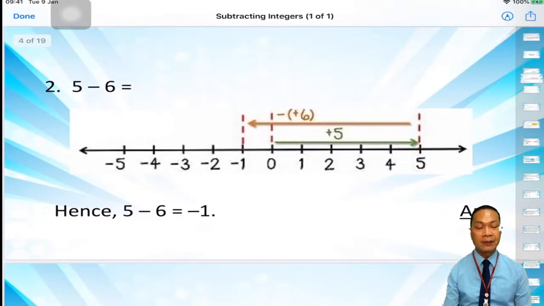Number 2 example is 5 minus 6. Okay, so from 0, let's jump to positive 5, and then minus 6.